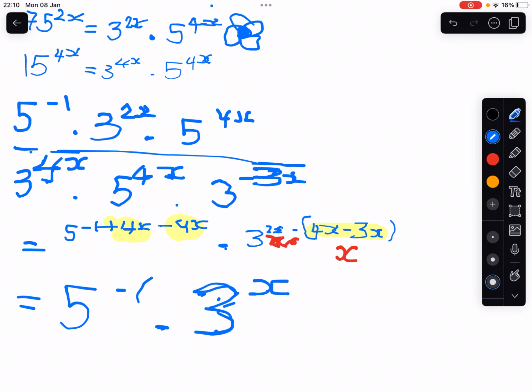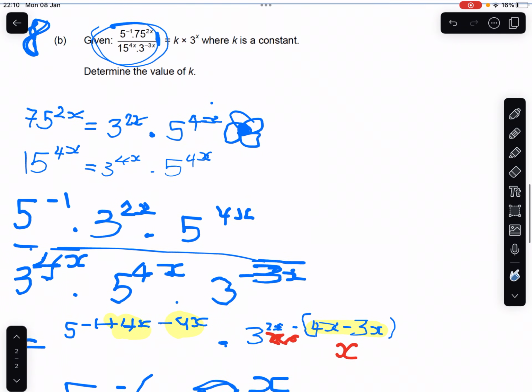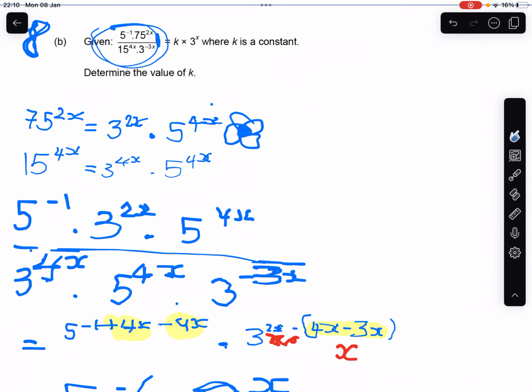Right, and if we look at what we were trying to achieve to begin with, we wanted to simplify that expression so that it looks like some constant times 3 to the x. Let's see where we are currently.